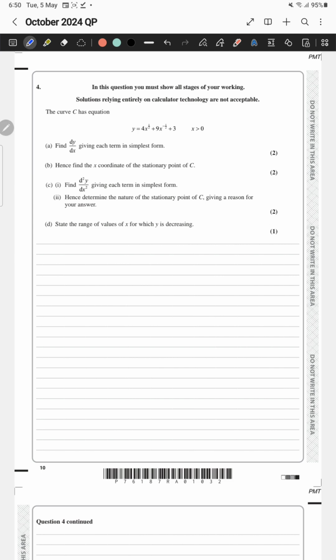Okay, now find dy over dx. We have a curve with this equation, 4x to the power of a half minus 9x to the power of a half plus 3. So we have to find dy over dx. dy over dx is going to be 4 times a half, which is 2x to the power of a half minus 1, which is minus a half.